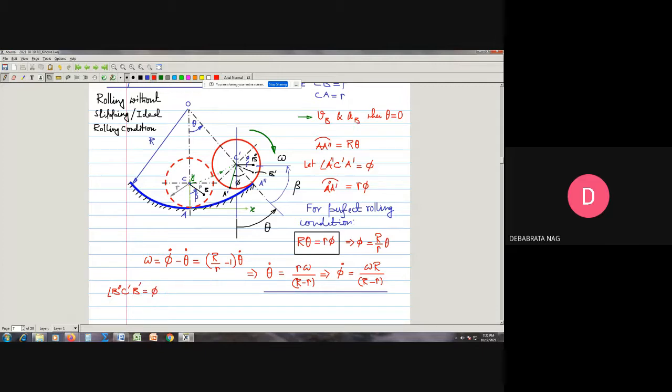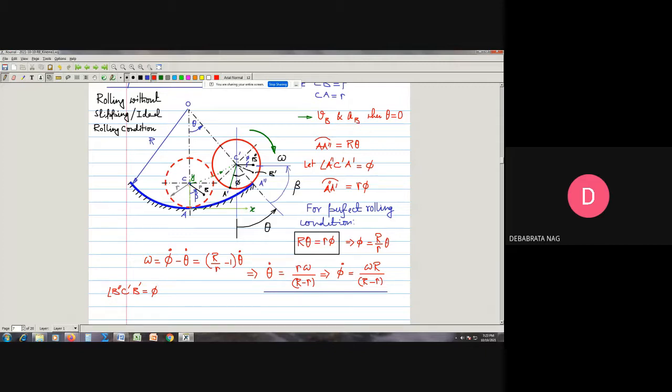This is the rotational component of the total general motion. You remember that theta defines the curvilinear translational parameter in the description of Chasles' theorem, and the angle phi defines the rotational component of the motion. So this angle B double dash C dash B dash is going to be equal to phi.